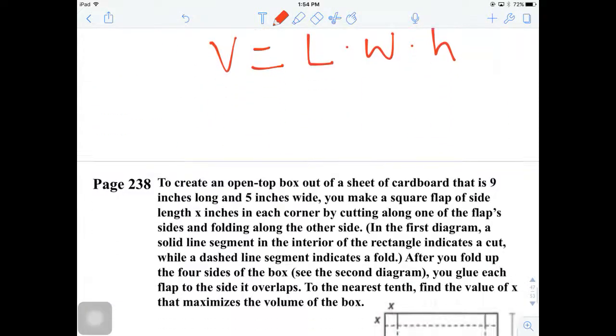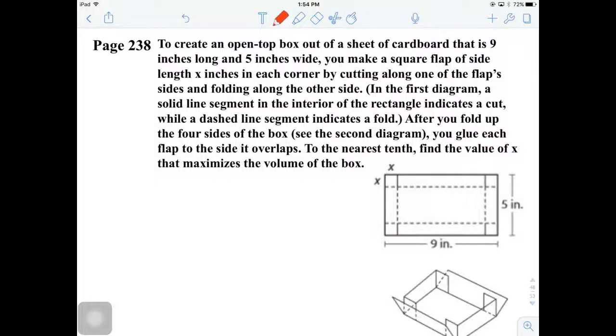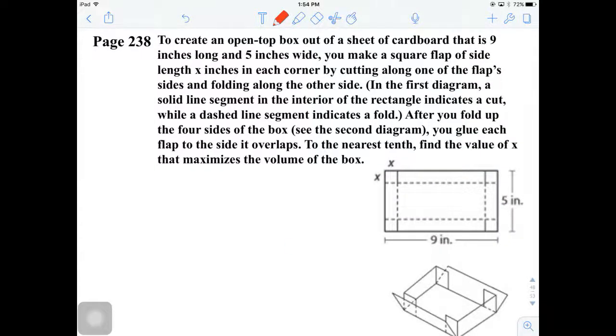So here we go. The first problem says to create an open top box out of a sheet of cardboard that is 9 inches long and 5 inches wide. You can make a square flap of side length x inches in each corner by cutting along one of the flap sides and folding along the other side.